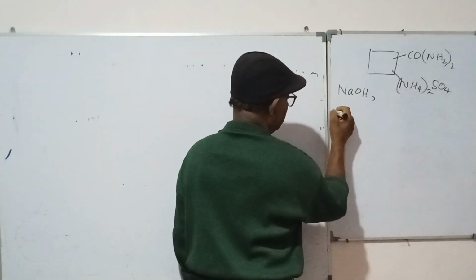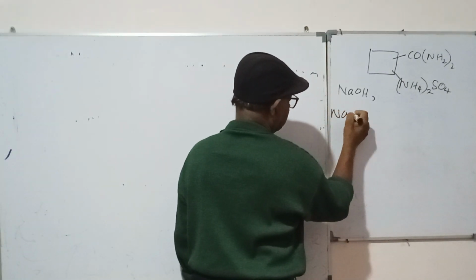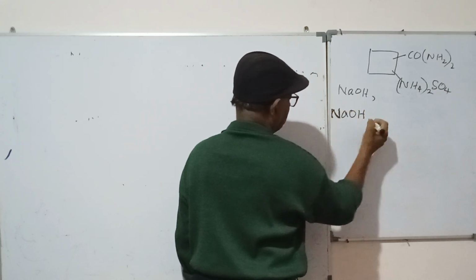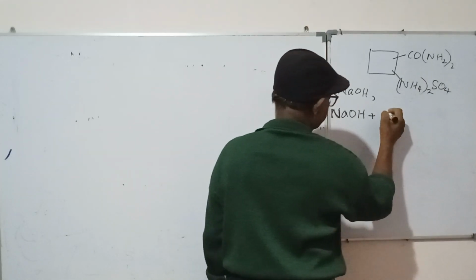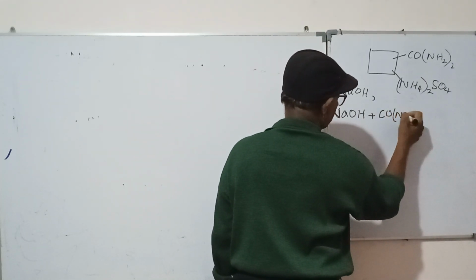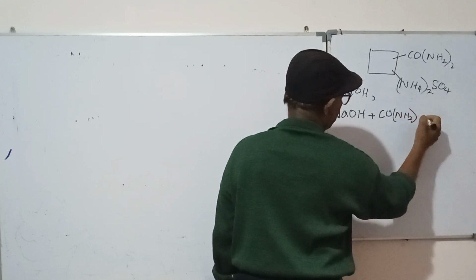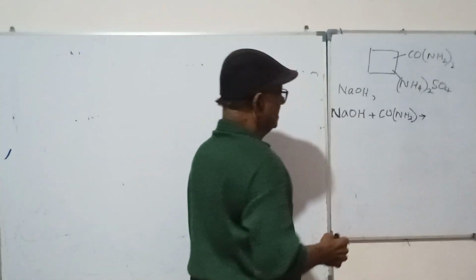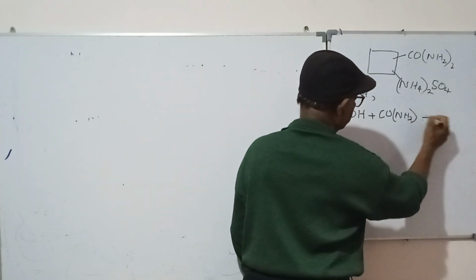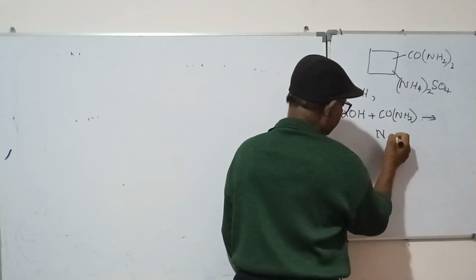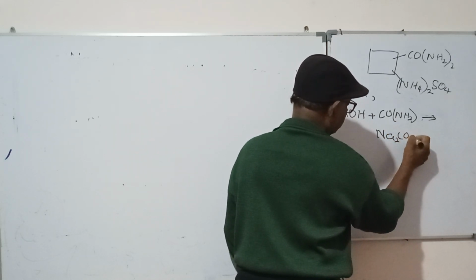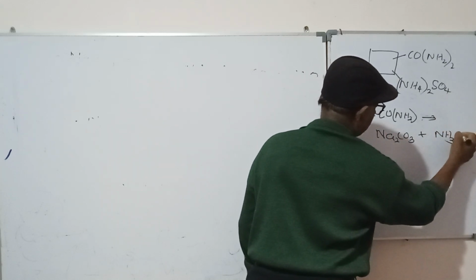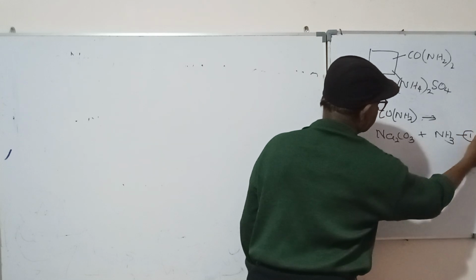I write here NaOH plus urea, CO(NH2)2, to give, I write here, sodium carbonate, Na2CO3, plus ammonia. I name this reaction as 1.